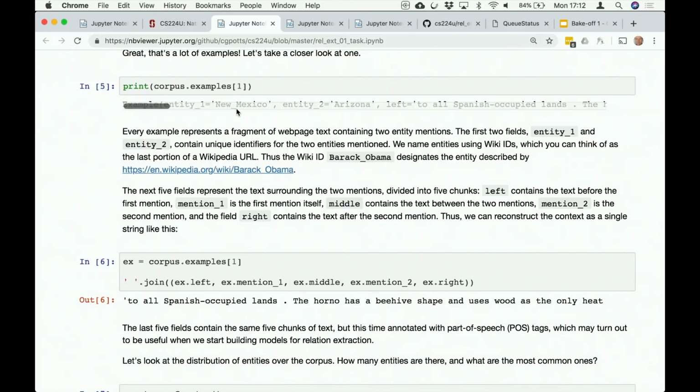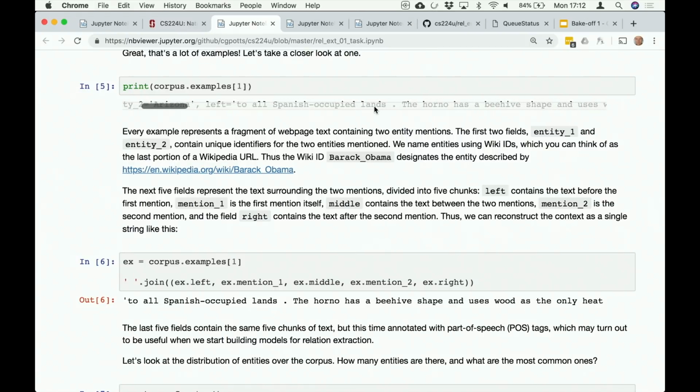The fact that New Mexico has an underscore in it kind of suggests that this is not just an English expression. This is actually a unique identifier in some kind of entity space. And in particular, these are so-called wiki IDs. So this is basically the last part of the URL for the Wikipedia page corresponding to this thing, and serves as a unique identifier for New Mexico and for Arizona in this case.